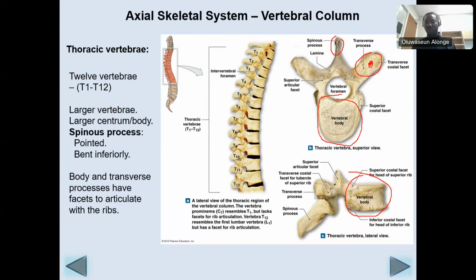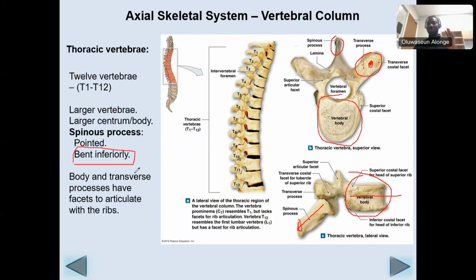Now, if you look at it on the lateral side, you see how the centrum is aligned. You see how the spinous process points inferiorly. That's another thing about thoracic. Thoracic has a pointed spinous process which points inferiorly. You see that? It's bent inferiorly. That's the key thing about it.